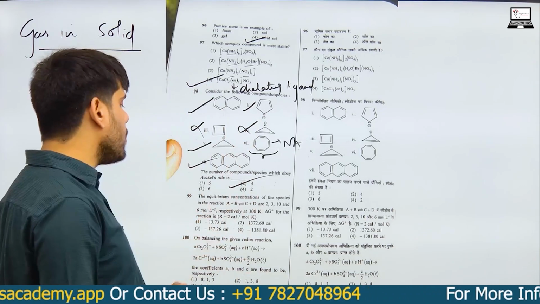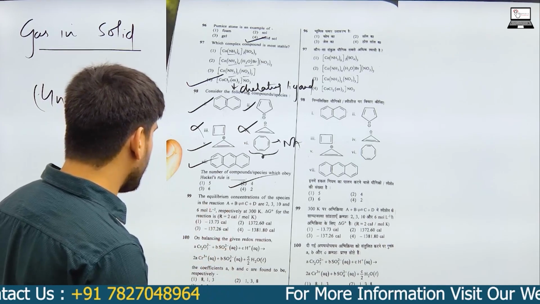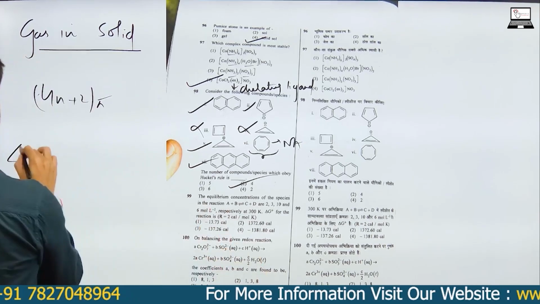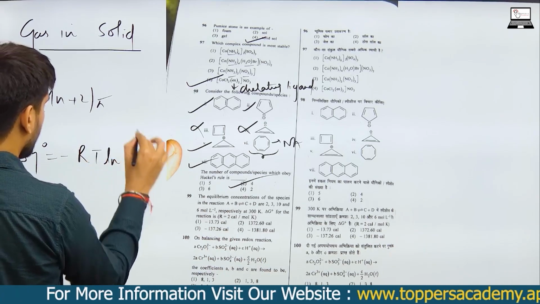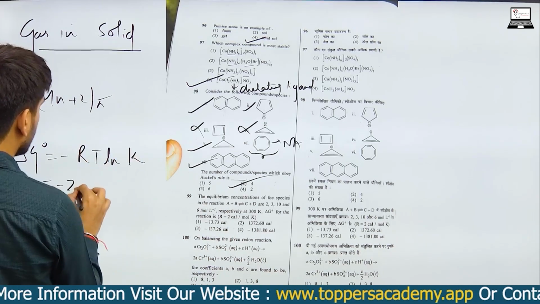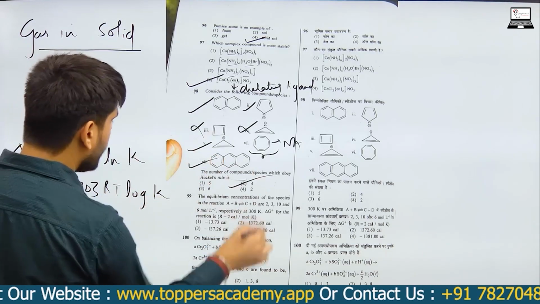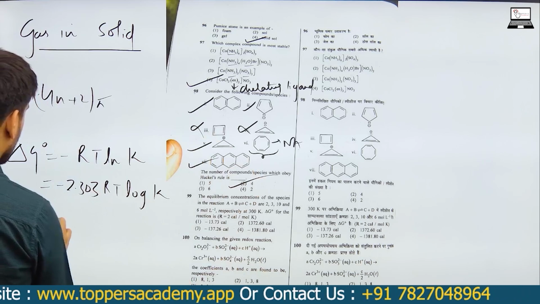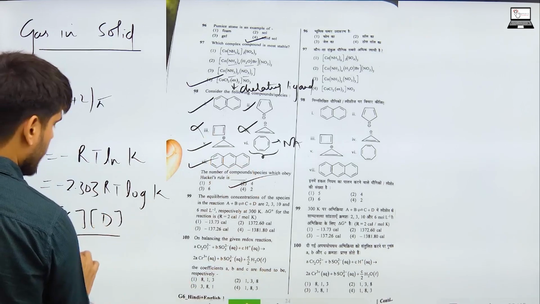Next question. The equilibrium concentrations of the species in the reaction are given respectively. We know that delta G naught is equal to minus RT ln K, or we can also write it as minus 2.303 RT log K. But for that we need K equilibrium. So K equilibrium is the concentration of products divided by the concentration of reactants.